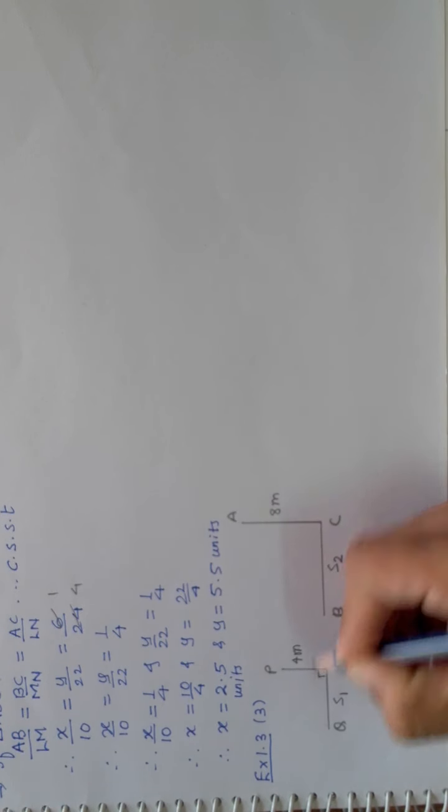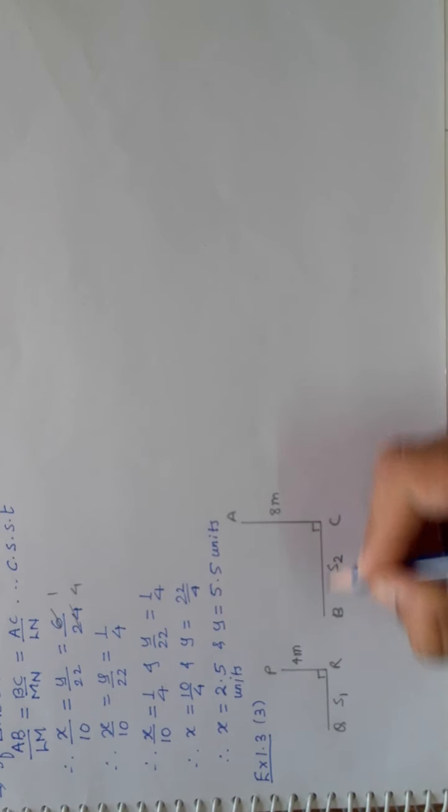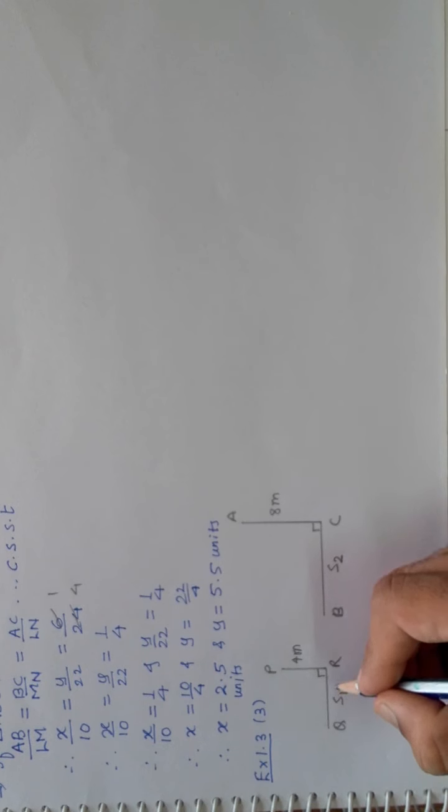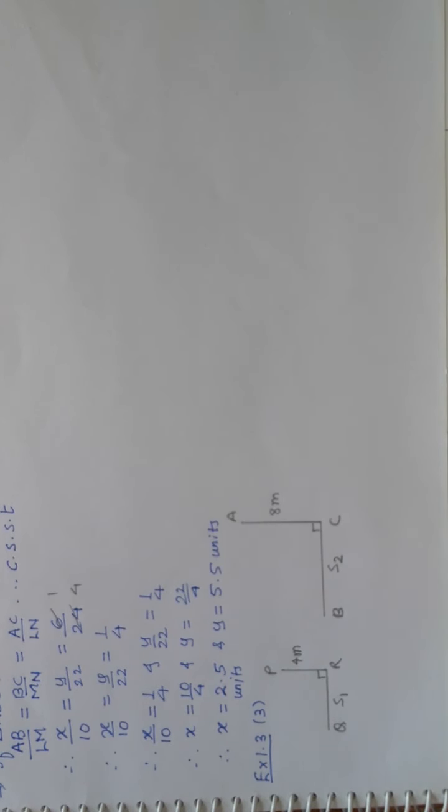Now the most important factor here is not that the shadow of the smaller one is given. What I mean to say is, if you read the question, it says at the same time. This is very important. Imagine you are 150 centimeter and your friend is also 150 centimeter, right?